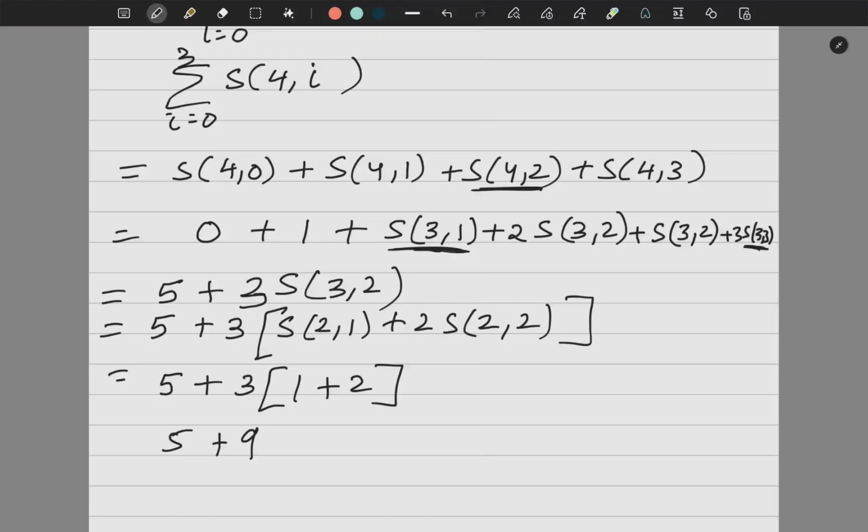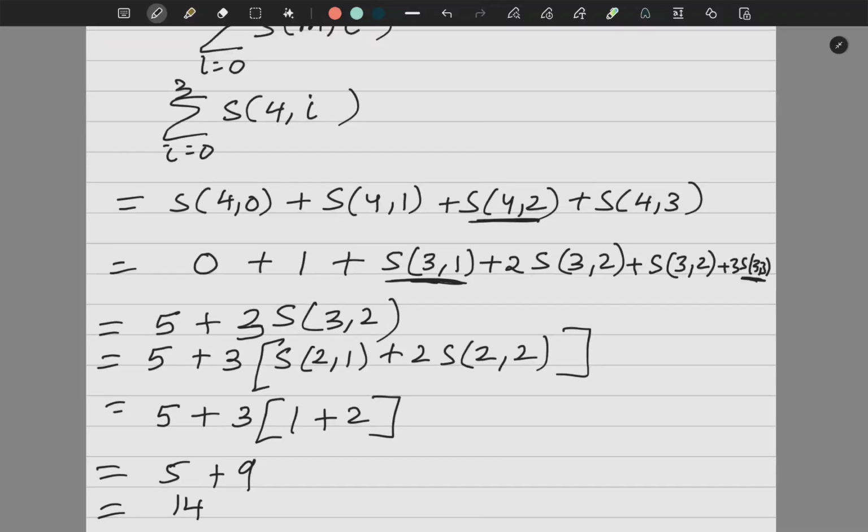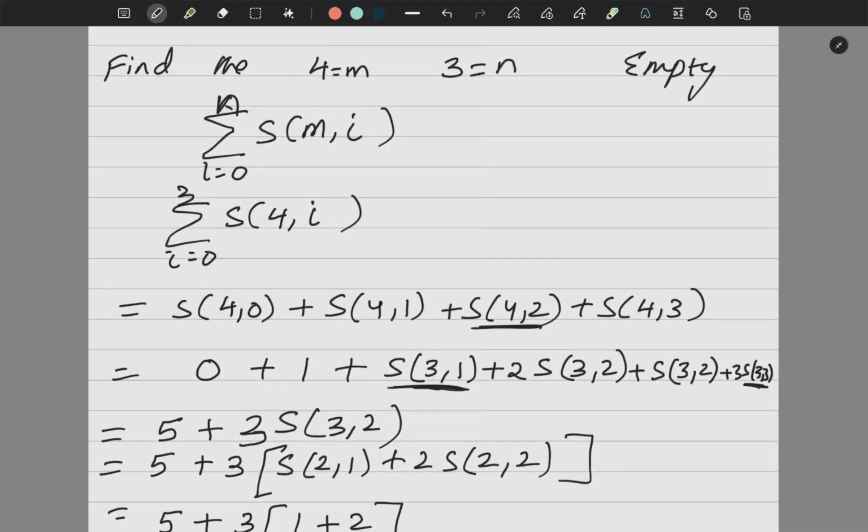So 5 plus 9 is equal to 14. So I can do this in 14 ways, arranging 4 objects in N boxes when there is a chance that a few boxes can be empty. This is how you need to do the Stirling numbers. Now I'll give you a few more questions for practice.